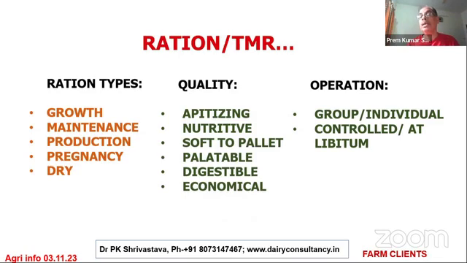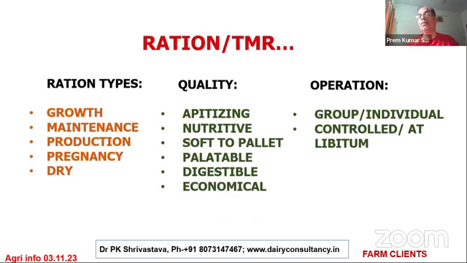No, that's also not right, because the cow cannot decide how much concentrate it can take and how much roughage it can take. Since the concentrates are tasty, with fat in it, salt in it, jaggery in it, the concentrates are more palatable than the roughage, and there is no chewability in concentrate. So generally the cow prefers eating concentrate, and that results in tympany, the bloating of the stomach.